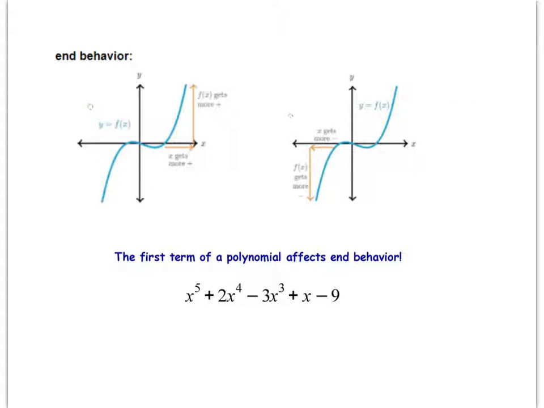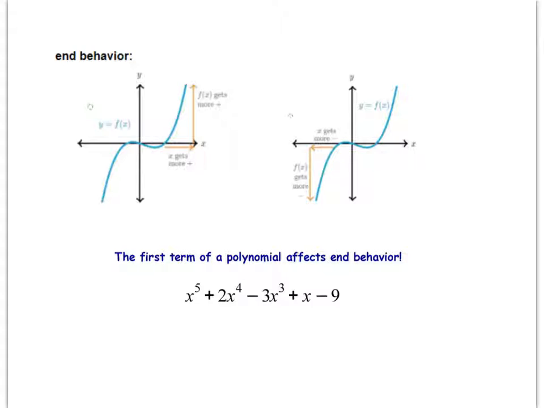End behavior. Recall that end behavior is what's happening at the ends of the function. As x gets more positive, as x becomes a really large positive number, what is happening to the function? Or as x gets more negative, as x becomes a large negative number, what is happening to our function?